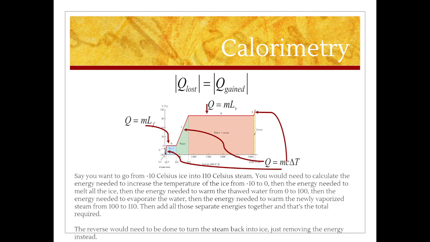So if it's colder than that, the first step is adding thermal energy using MCΔT to get it from negative 10 up to 0. And so the first part of the graph, which is admittedly the smallest part of the graph, is this little slanted line that represents adding thermal energy to ice to warm it up to its melting point.